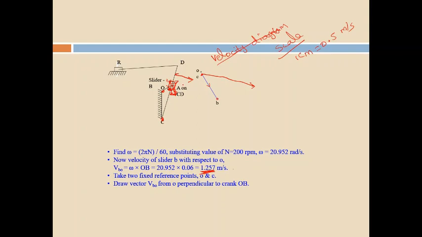So the slider will have a motion that will be parallel to CD from point B. So I am drawing a parallel line like this. So this point will be A. So I got point A.